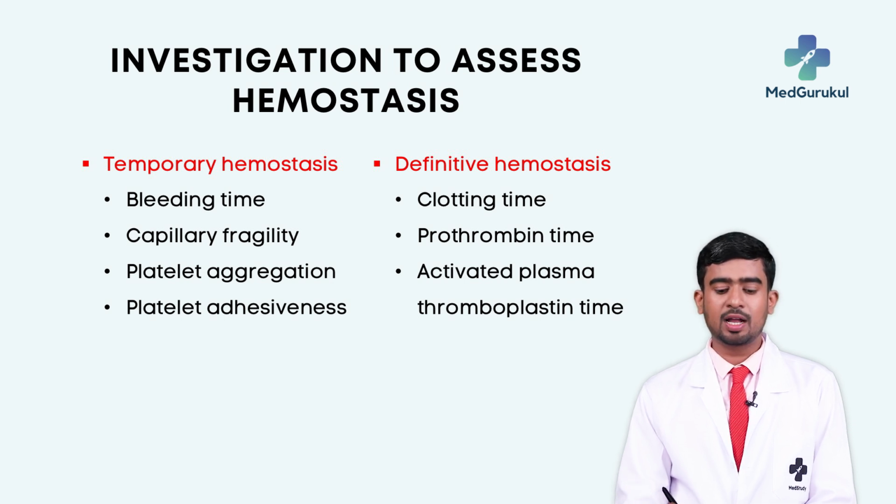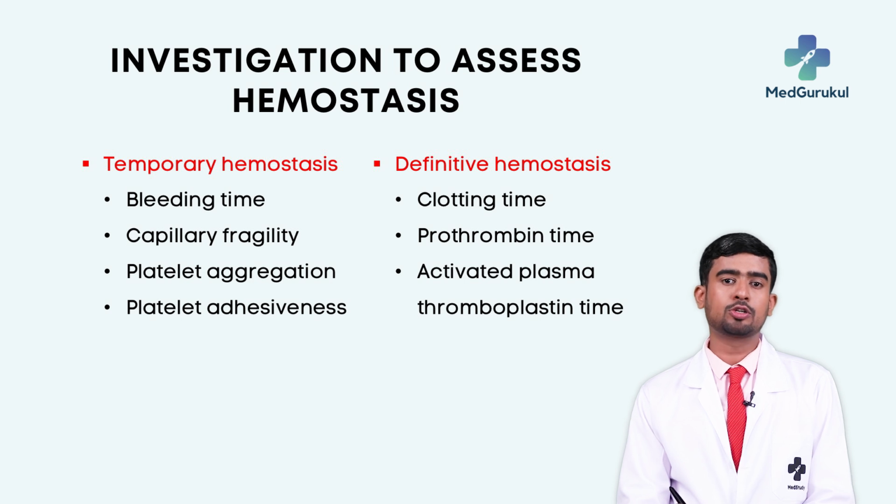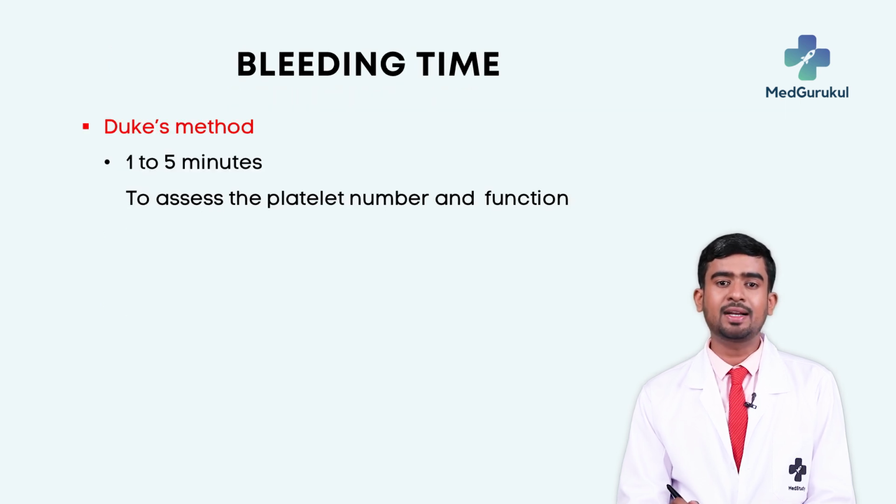And the tests done in definitive hemostasis are clotting time, prothrombin time and activated partial thromboplastin time. We will see in detail about the most common tests done in order to assess the process of hemostasis. So, initially going to the test, that is bleeding time.